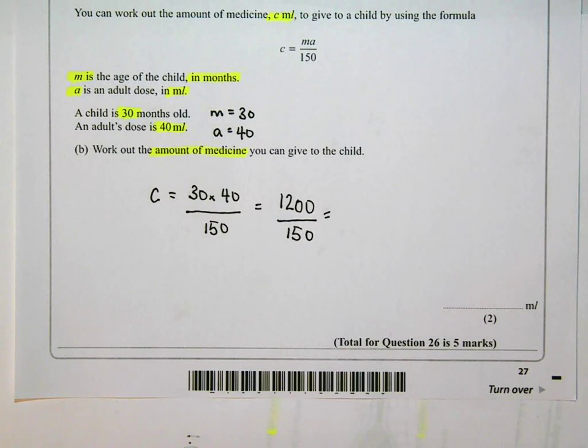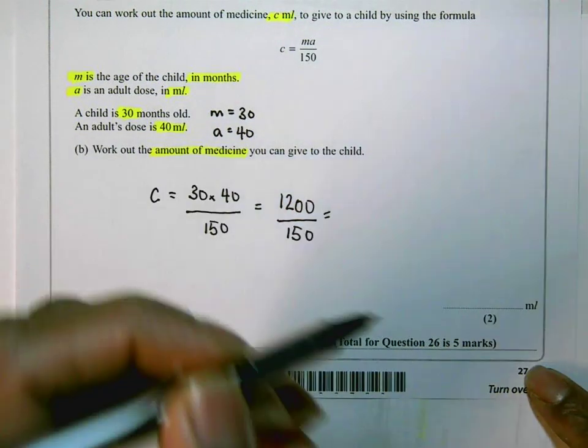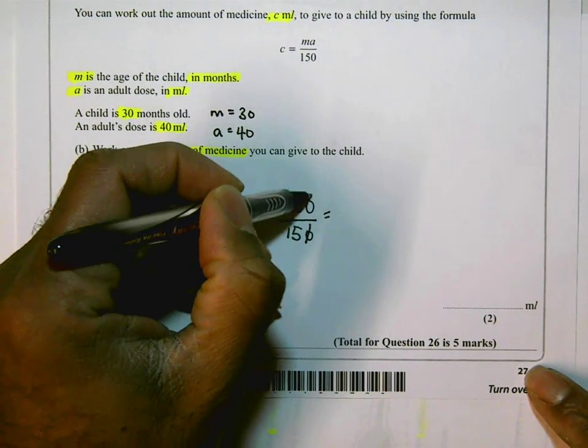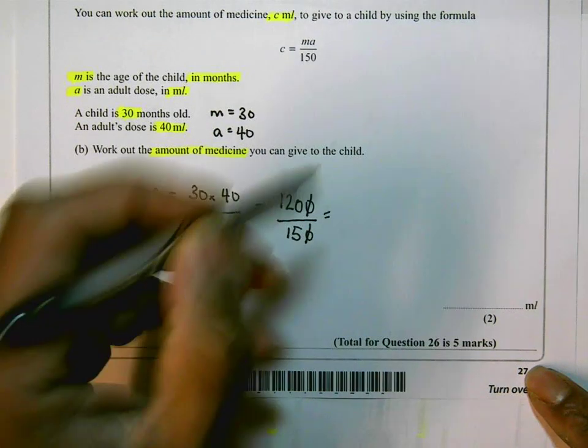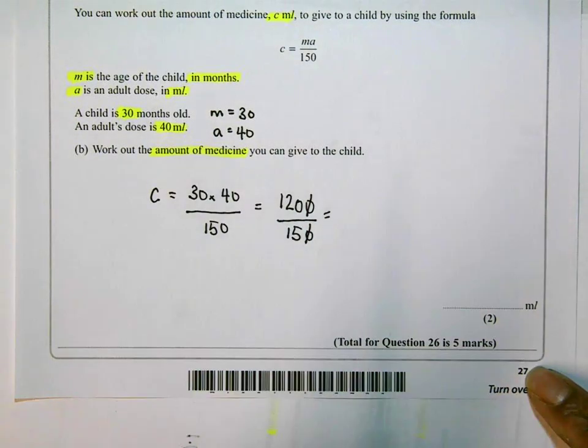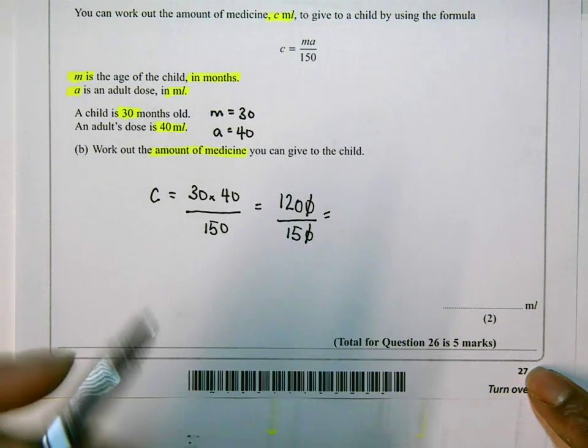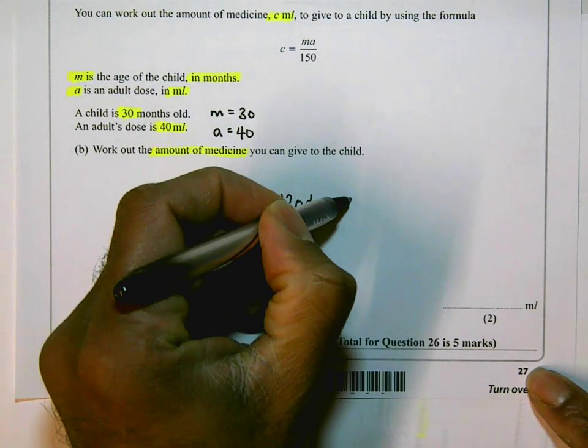So we could break it down into bits, or you could count up in 150s to work out your overall answer. But what I'd be inclined to do, just as I showed earlier, is cancel a 0 from each of these. You only cancel the zeros at the very end. That's effectively dividing each of these by 10. So what I've got is 120 divided by 15.